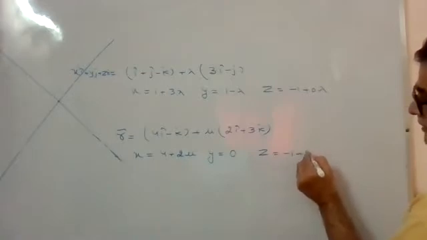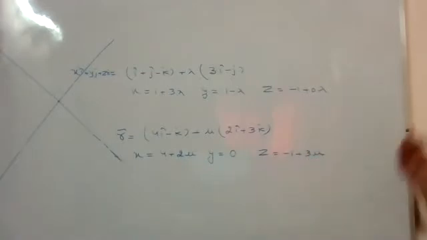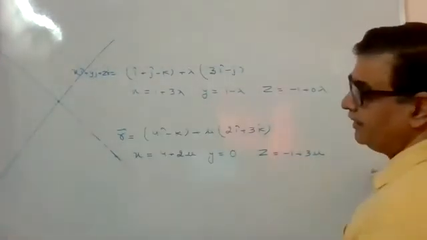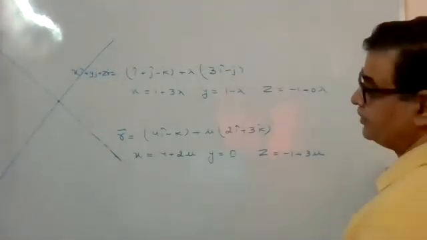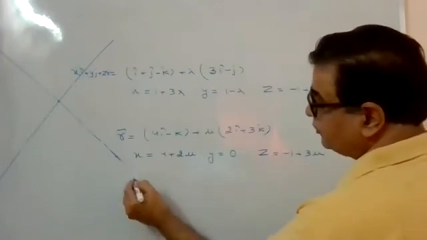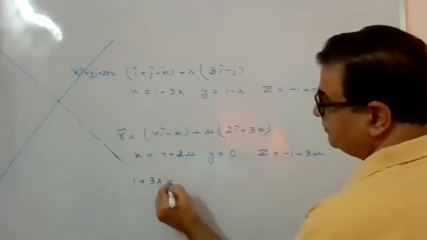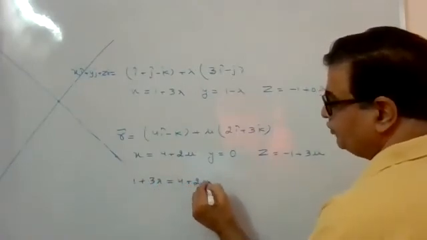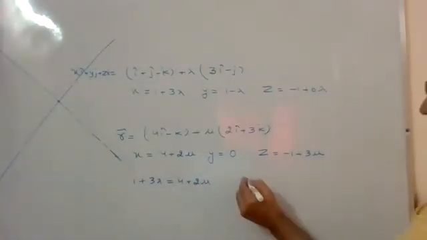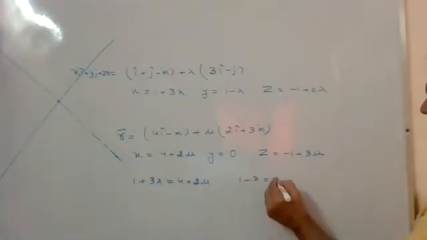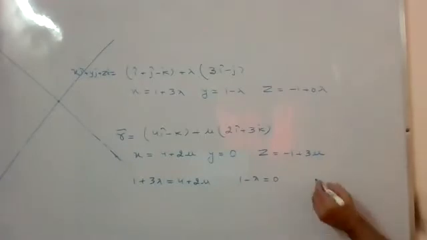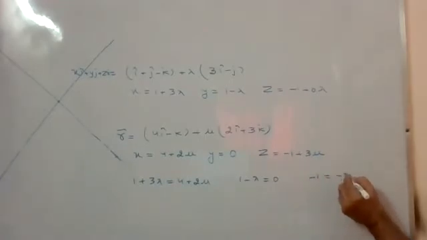Minus 1 plus 3 mu. Now if we want the intersection point, these must be the same. So 1 plus 3 lambda comes out to be 4 plus 2 mu. And here we get 1 minus lambda equal to 0. And from this, minus 1 equals minus 1 plus 3 mu.